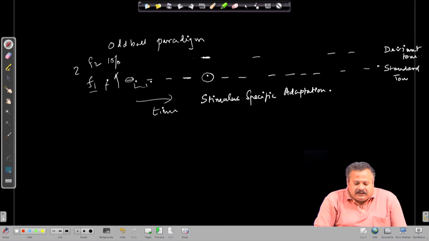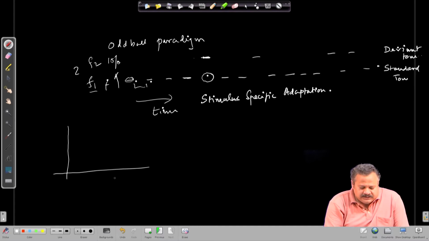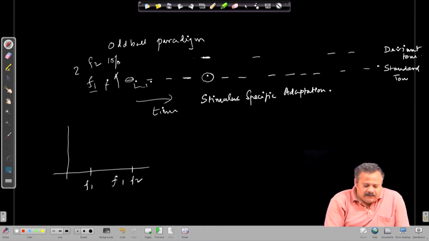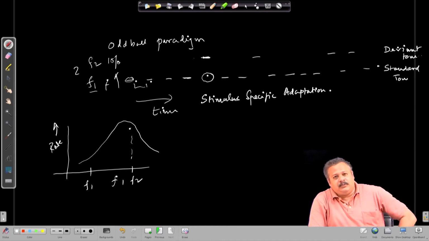That stronger response can, however, also happen if, as we recall, the tuning of the auditory neuron, let us say this is frequency, where this is f1 and this is f2, and this is rate, is something like this, where f2 by itself produces a very strong response.